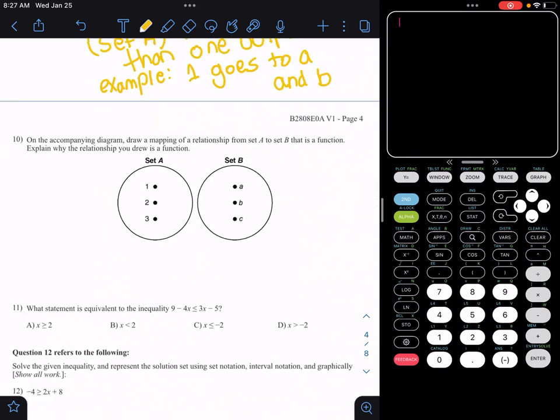Now they want us to make one that is a function. So let's try this.